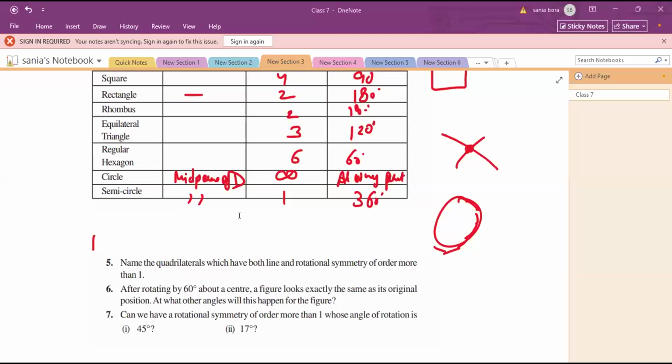Is there more than this? No. After this, I'll just give you some disclaimer about the comparing quantities. Okay.